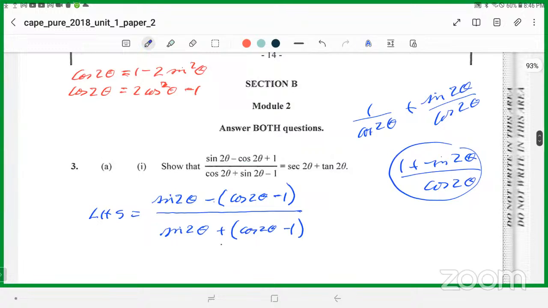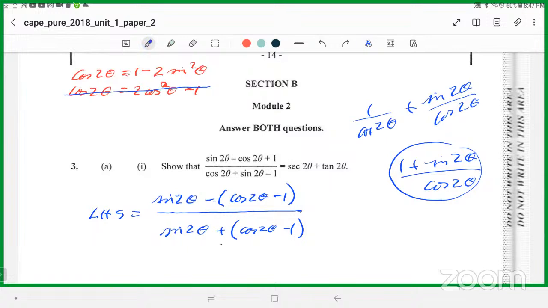Watch this now. I'm working. So I want to get rid of cos 2 theta minus 1. So you see this one that has the 1 in it here, I need to transpose over here, because I want to get the cos 2 theta minus 1. So I'm not going to be working with this one. I could do it the other way too, with the minus, where the sine squared comes positive. No matter, it works itself out.